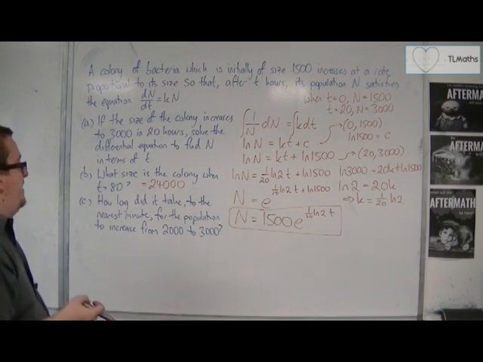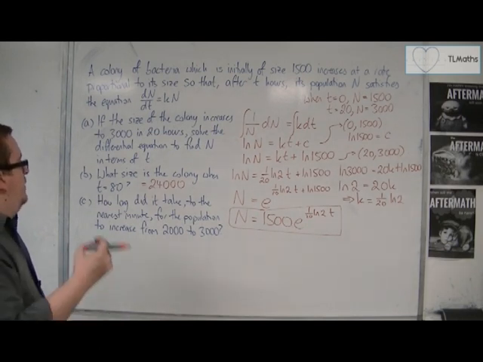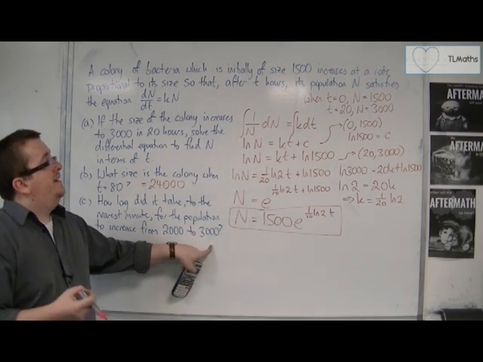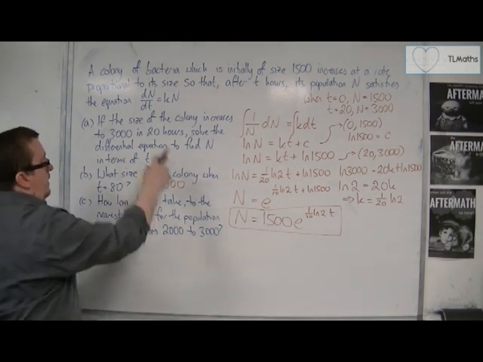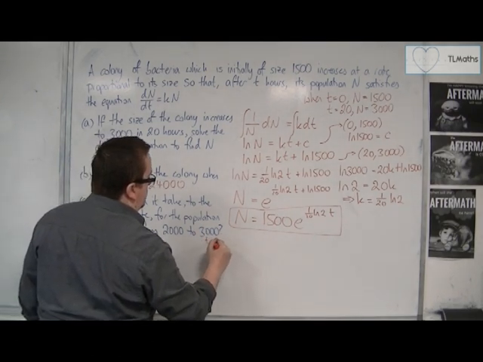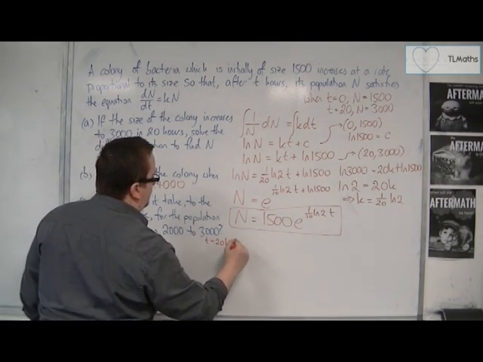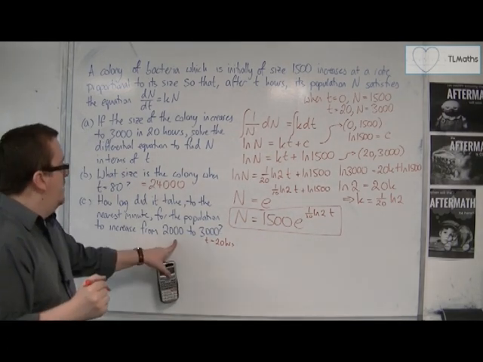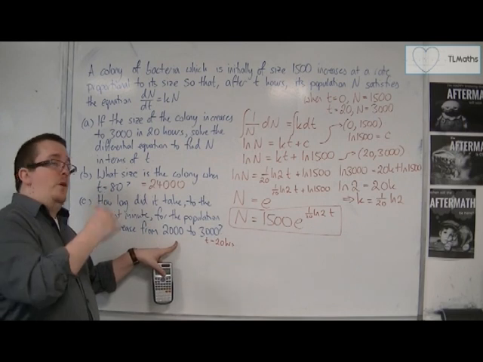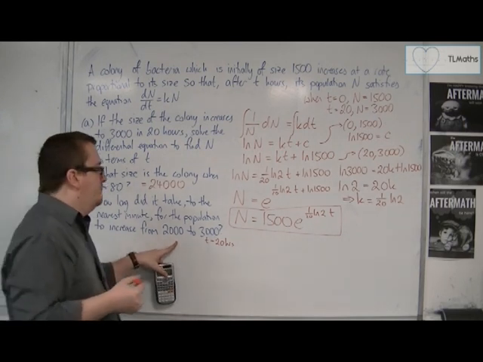How long did it take, to the nearest minute, for the population to increase from 2,000 to 3,000? Now we know that when it was 3,000, t was 20, so 20 hours. I need to work out what time it was when the population was 2,000.